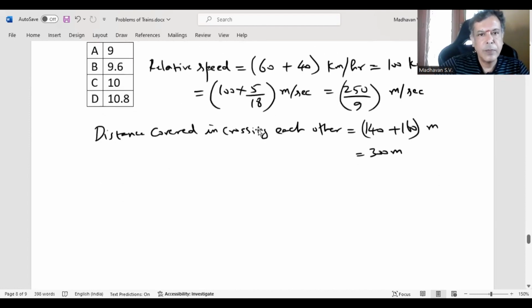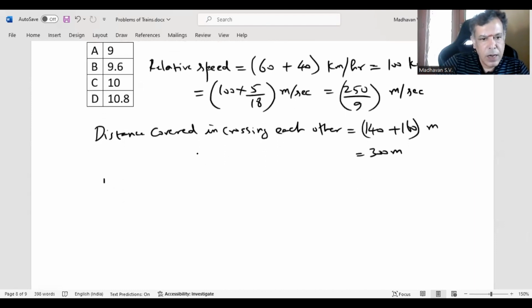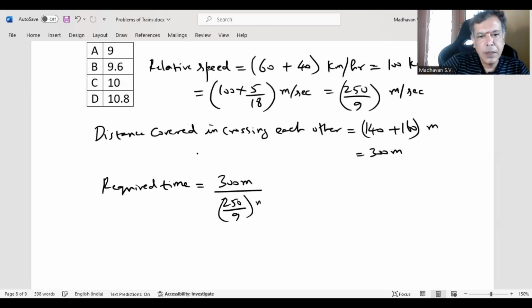So therefore, we need to find out the required time, which is equal to the distance, which is 300 meter, divided by speed. Speed is 250 by 9 meters per second. That is 300 multiplied by 9 divided by 250.